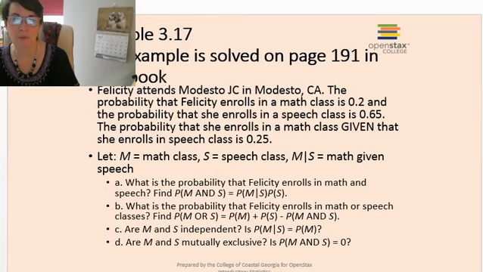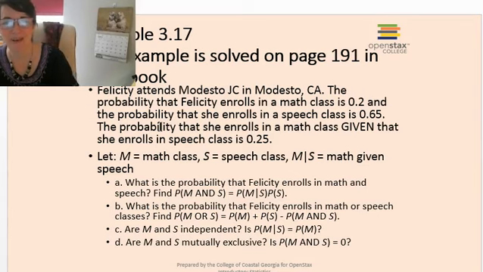Another problem that is in your book as well on page 191 is talking about a student at a junior college, and she has a probability that she enrolls in a math class is 0.2, and probability she enrolls in a speech class is 0.65, and that sounds about right. People usually avoid taking that math class.